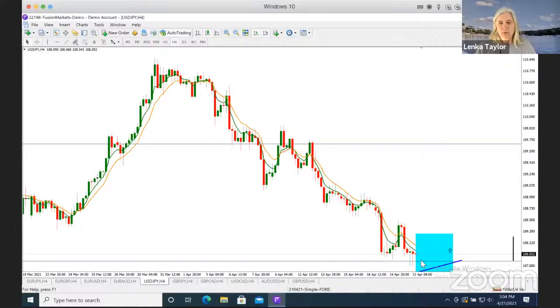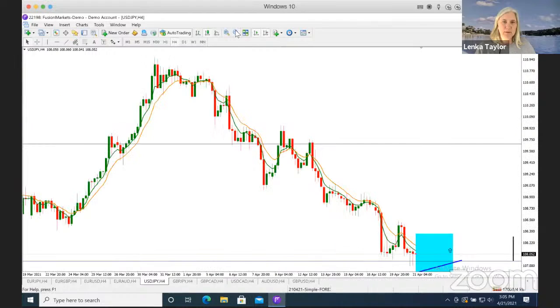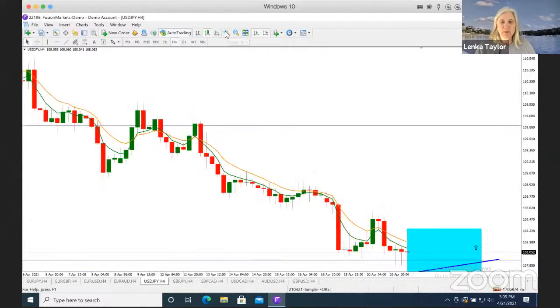So looking for a good setup here. My favorite is engulfing. So any type of engulfing after these two pin bars would be great. So that could also happen relatively sooner rather than later, but we'll have to see.